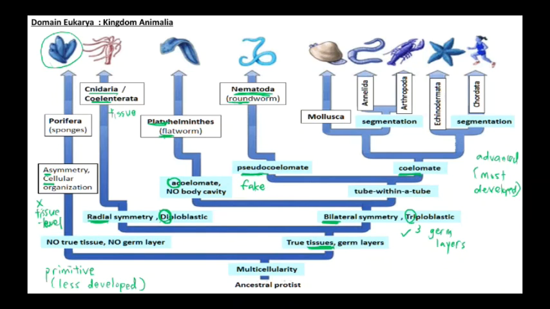They are coelomate, which means they have a body cavity that is completely lined by mesoderm. So we have the Mollusca, Annelida. Annelida is the segmented worm. You can see on its body it has stripes, so that's the segmented worm. We have Arthropoda, Echinodermata, as well as Chordata. That's where we are, humans.